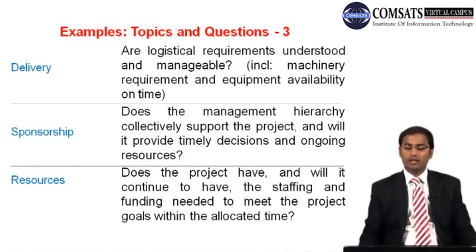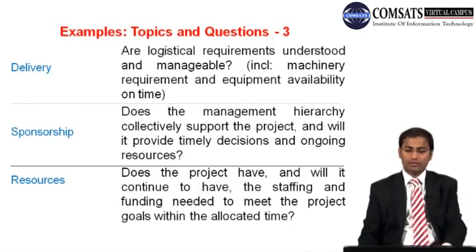Does the management hierarchy collectively support the project, and will it provide timely decisions and ongoing resources? So you are questioning the sponsorship of your project. And then, does the project have, and will it continue to have, the staffing and funding needed to meet the project goals within the allocated time? So you are questioning the resource availability in that question.